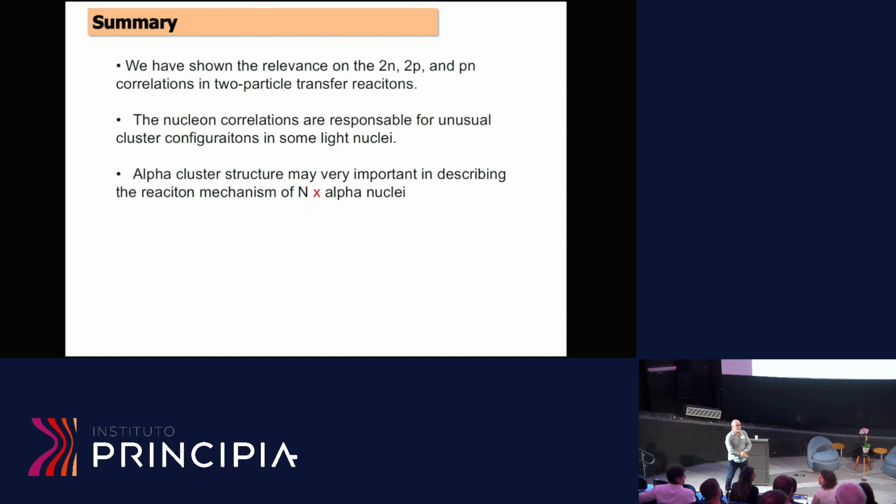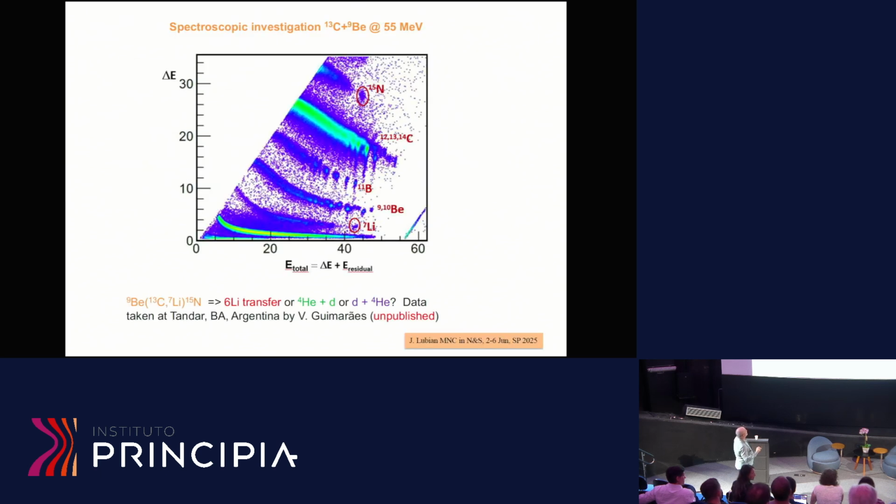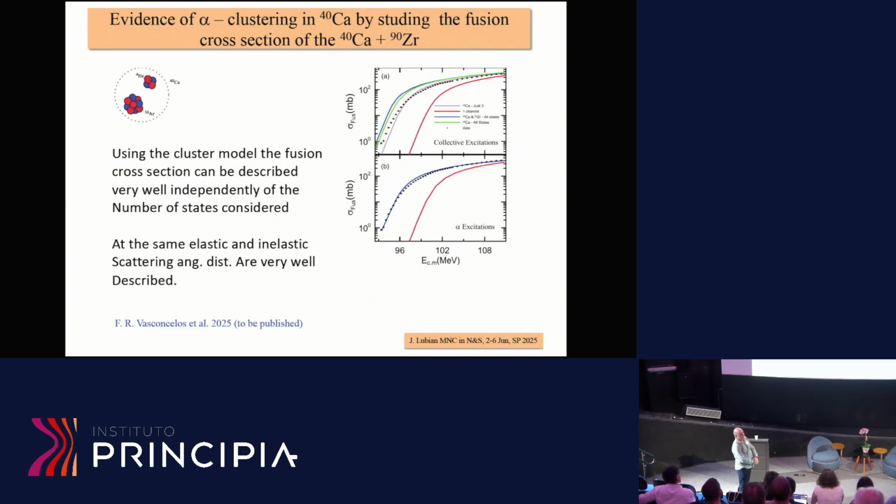Lubian, very nice everything you said. Going back to the work of Fernanda, that is puzzling me. You have this bound state as a projectile of argon-36 and helium-4, with 7 MeV of separation energy. So this state should be pretty small, so the alpha and the argon will be overlapped.